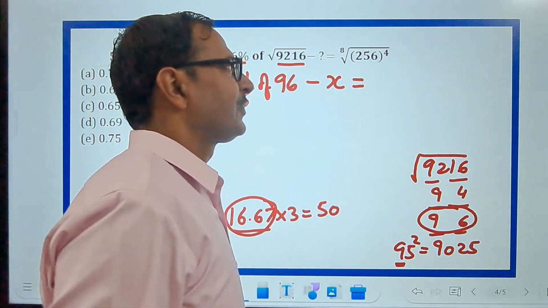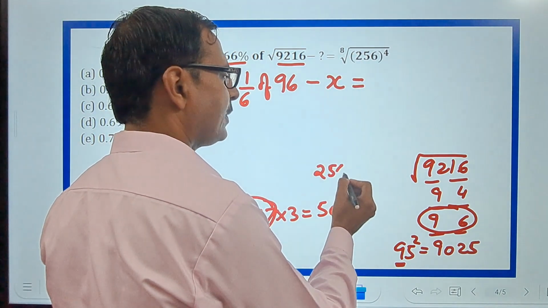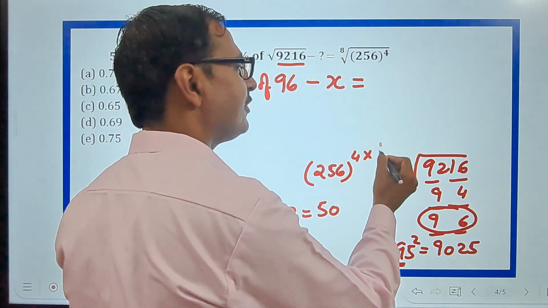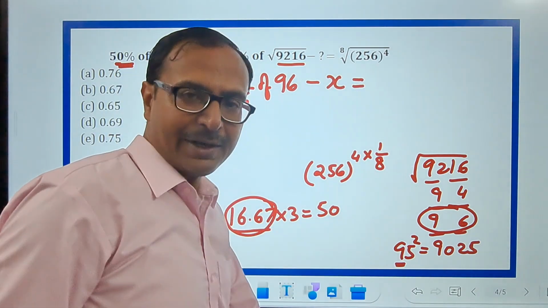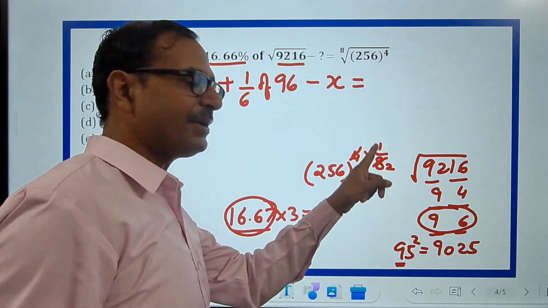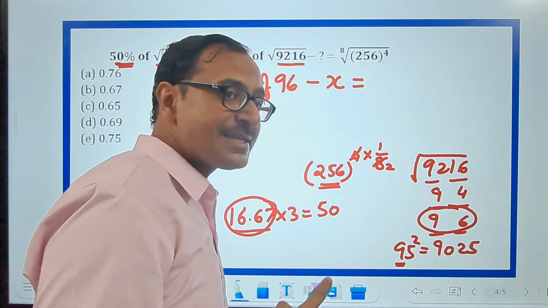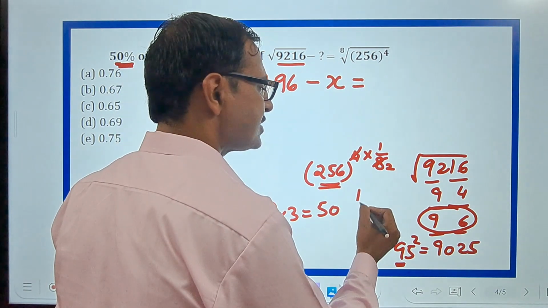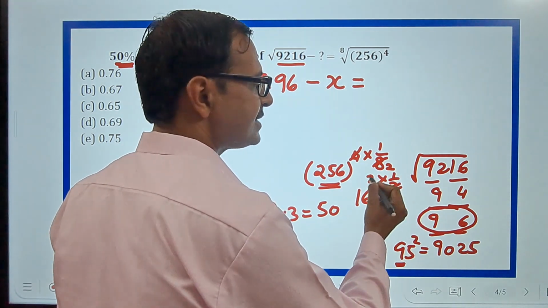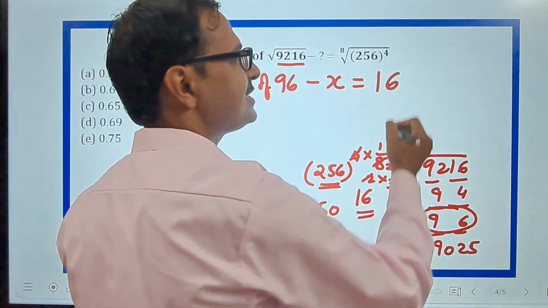Now look at this. When you have the 8th root, so 256 raised to power 4 is inside the 8th root, and 8th root means the power 1/8, and therefore this is practically power 1/2. If you know 256 is the square of 16, so 16 square power 1/2 is actually 16, and therefore the right hand side is nothing but 16.